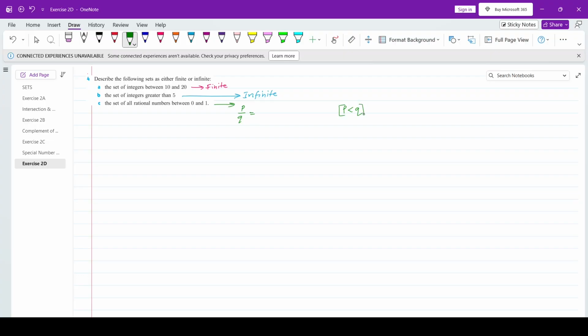Given this condition, we can take any values of p and q, and hence there will be infinite number of solutions. So this will give infinite number of elements in this set. Let's move on to the next question.